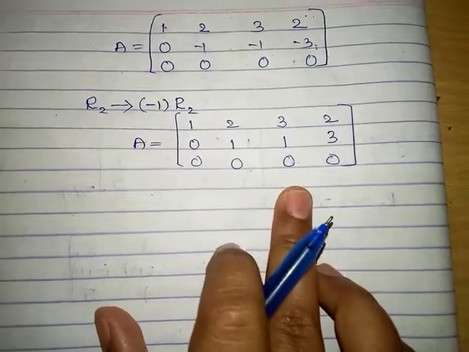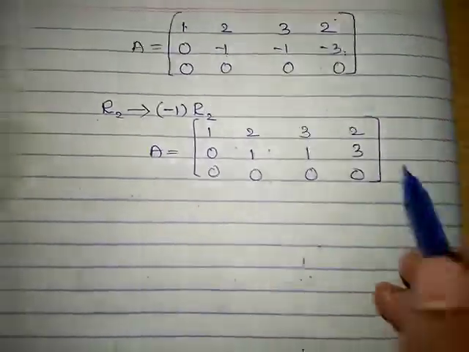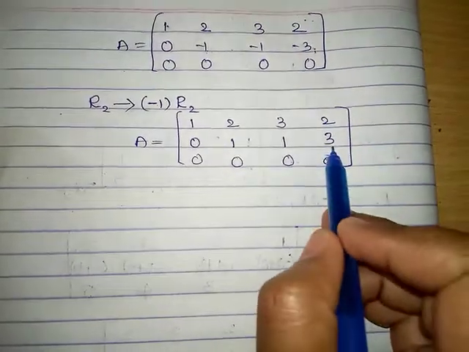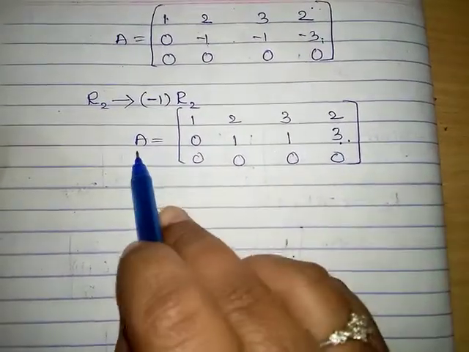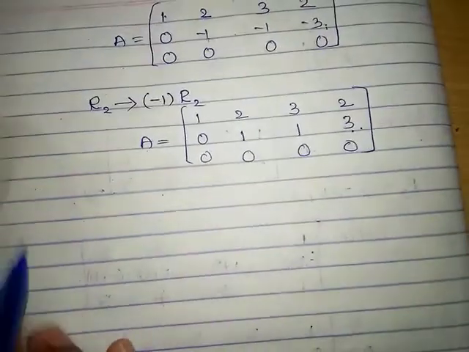So now we conclude what the rank of this matrix is. See, the number of non-zero rows is 2, so the rank of this matrix A is 2.